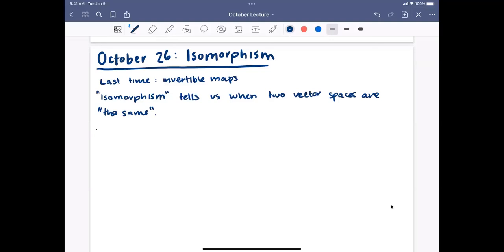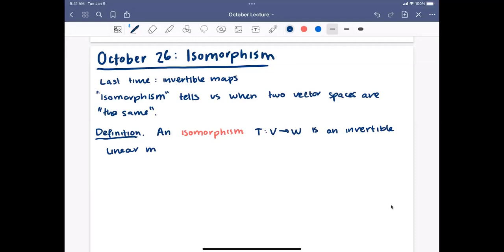Okay, so let's go ahead and define this. An isomorphism T from V to W is just an invertible linear map.